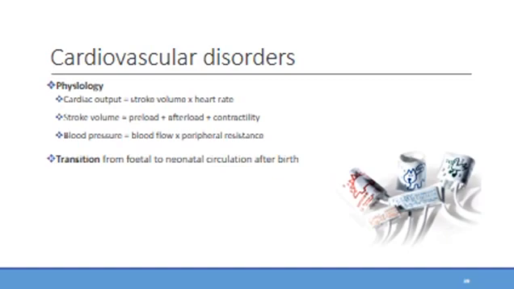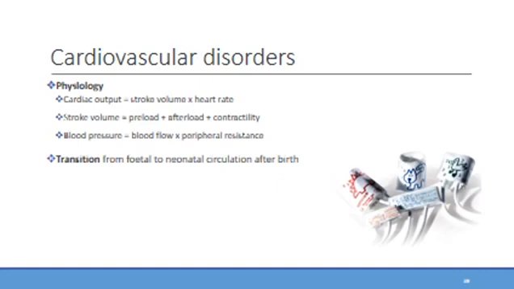Then you can also consider afterload, which is the resistance against which the ventricle then has to pump. And factors that might affect this are the peripheral vascular resistance and also the viscosity of the blood. And then lastly, you can have the contractility of the heart, which is the function of the heart muscle, which is also dependent then on the preload and afterload.